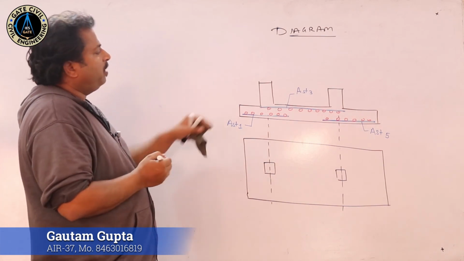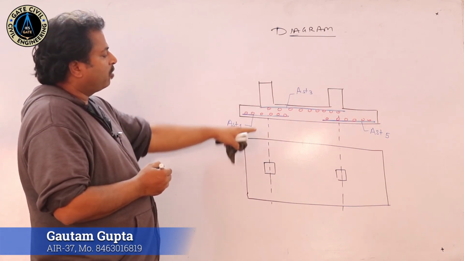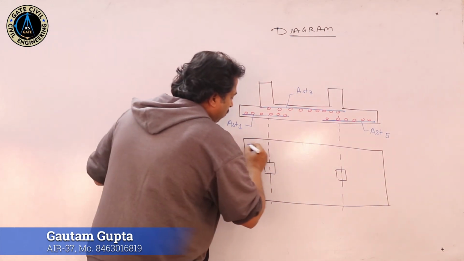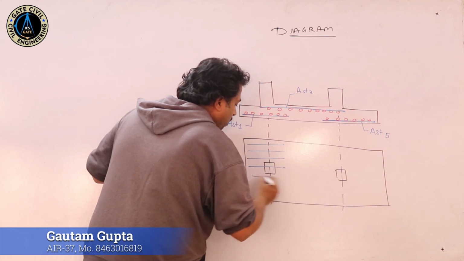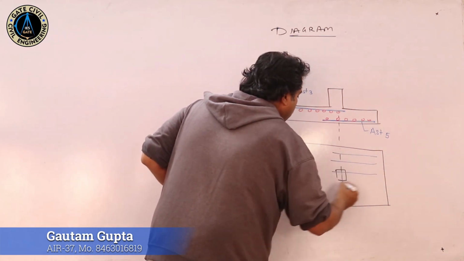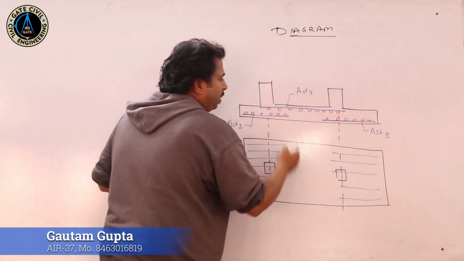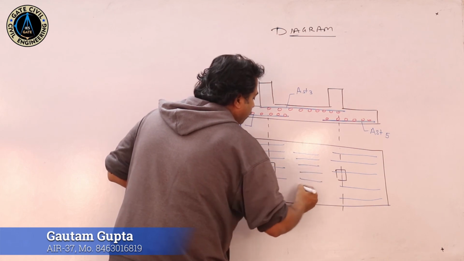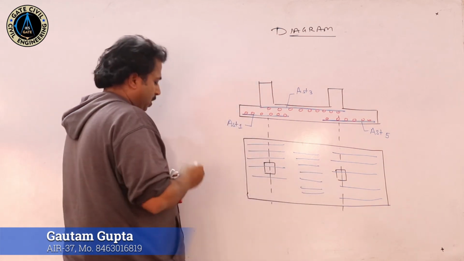So, if we want to represent this particular reinforcement in the plan view, at this location, this is AST1, at this location, this is AST5, and on the upper face, this reinforcement is AST3.